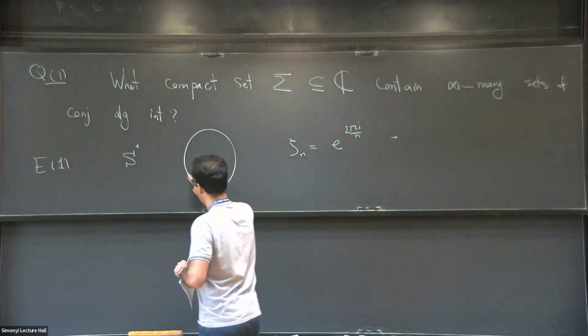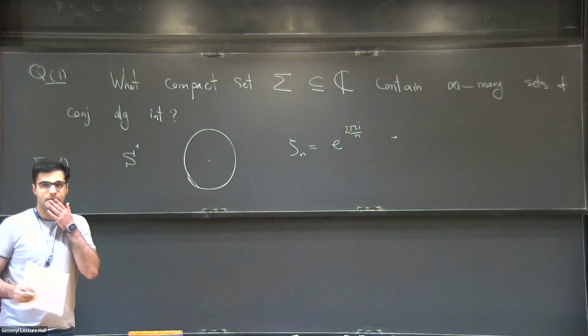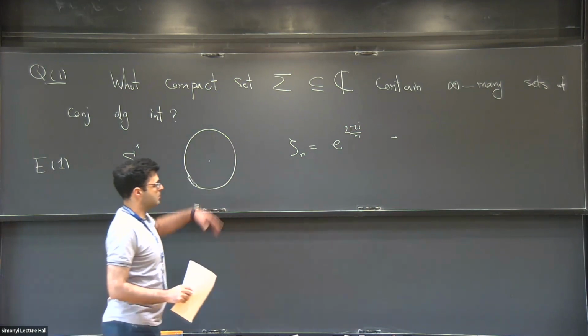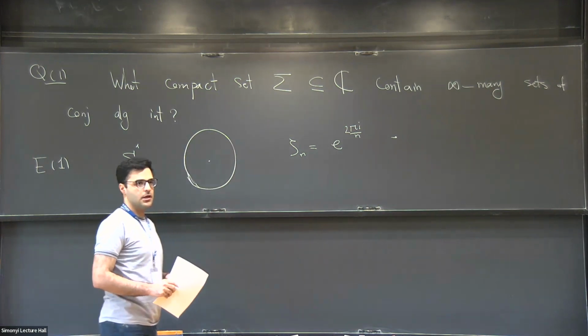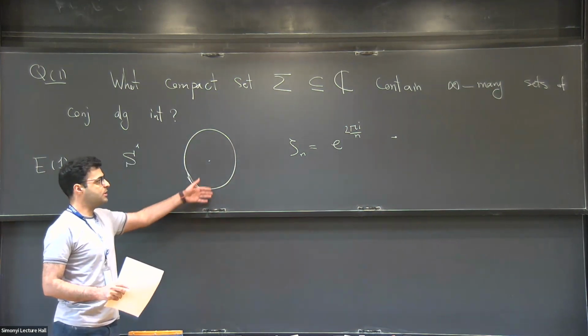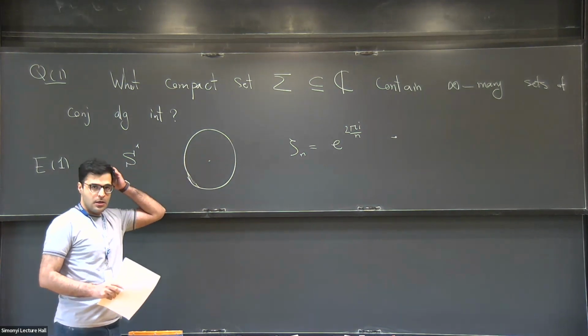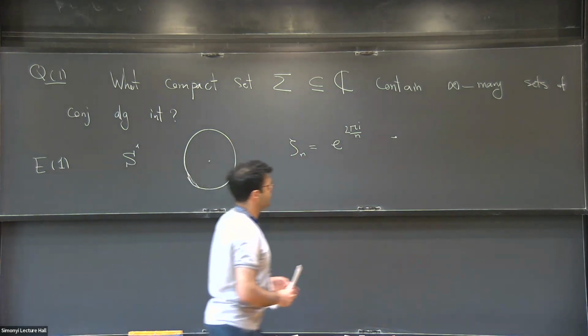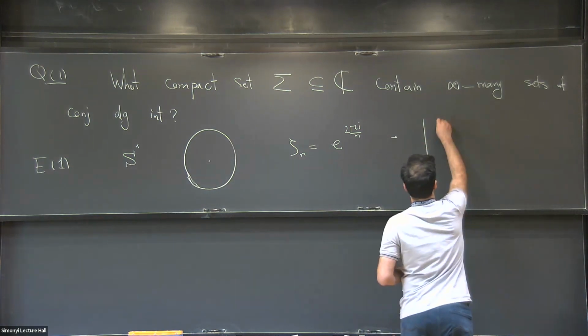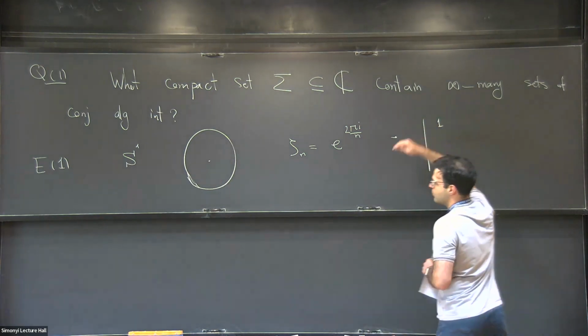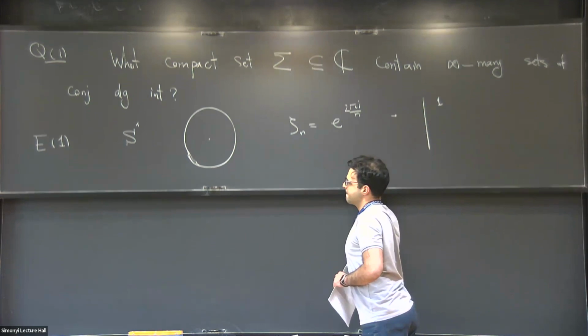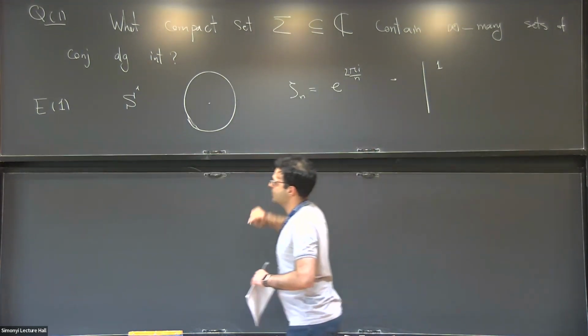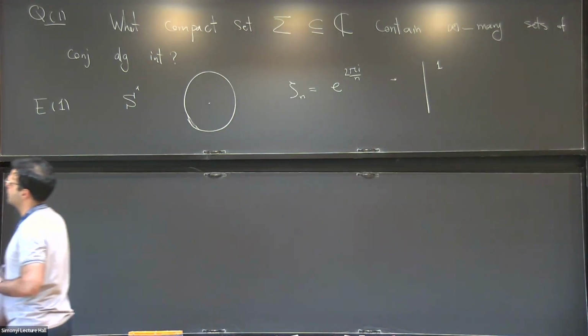One thing to observe is that it contains infinitely many, but the growth of them is not that large. It's somehow linear in degree.